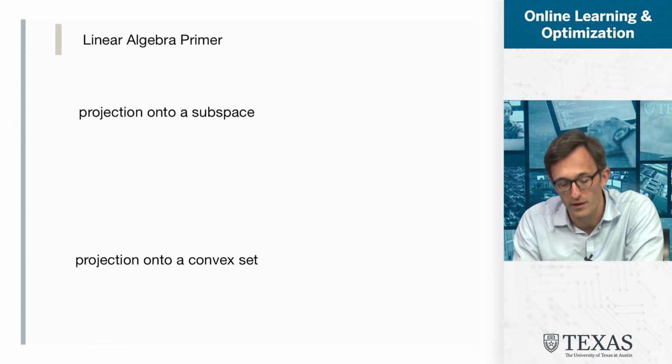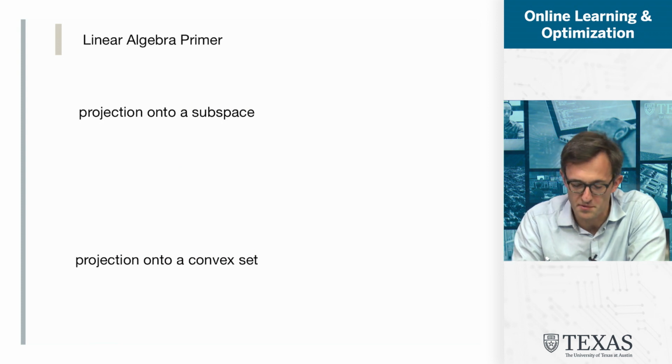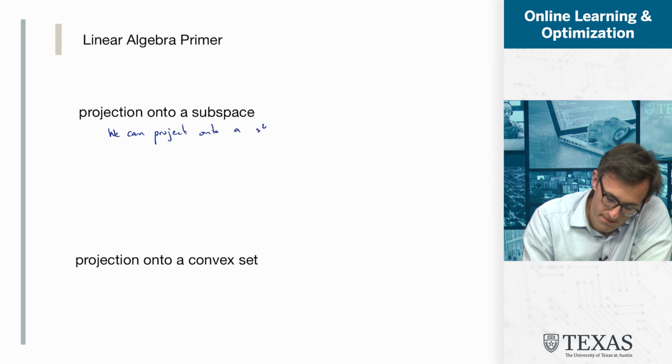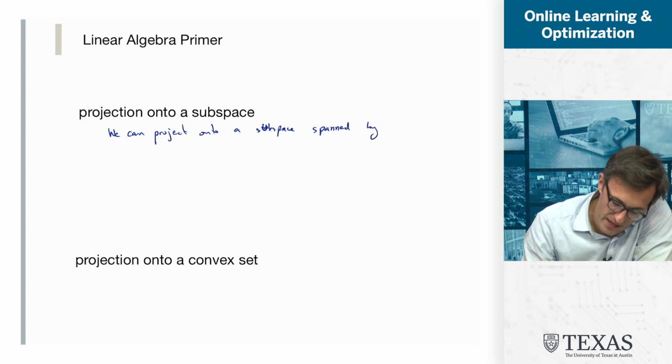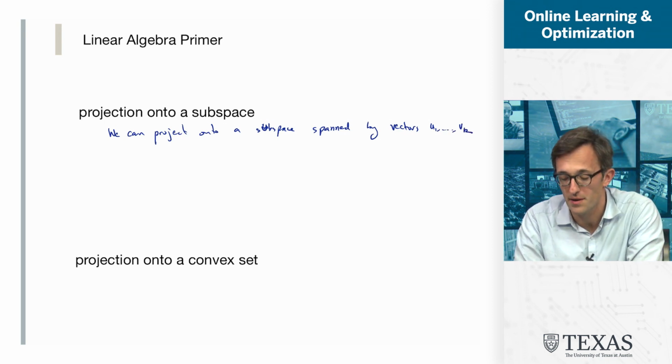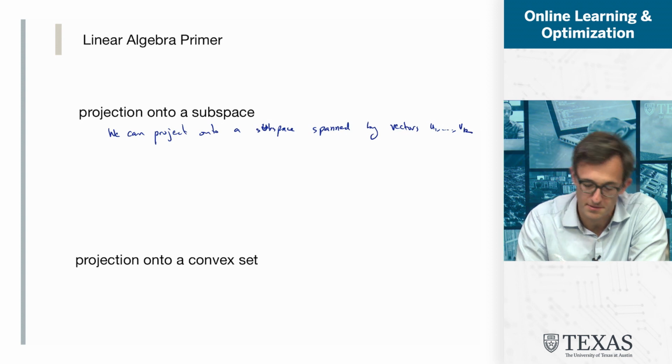We can equally well project onto a subspace. Oops, a subspace spanned by, say, vectors u1 to uk. So I might want to project a vector v onto that subspace.